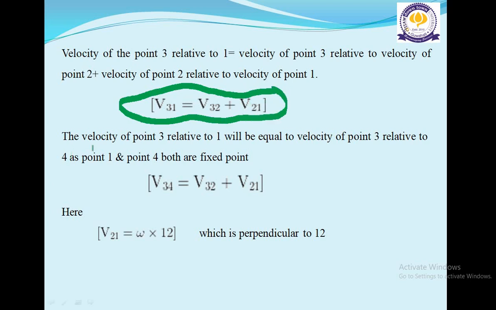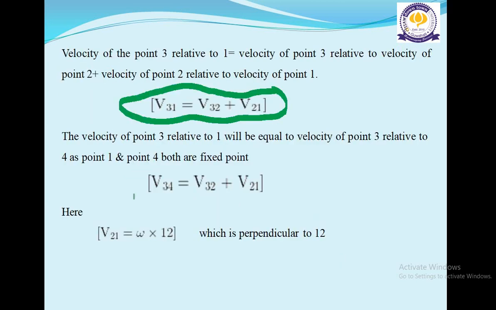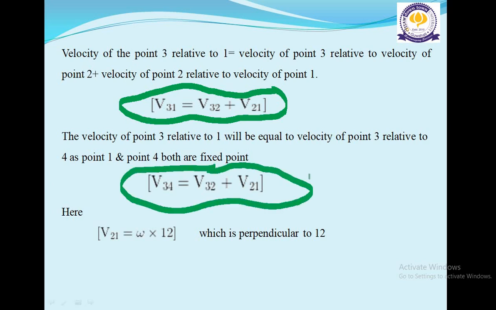The velocity of point 3 relative to 1 will be equal to velocity of point 3 relative to 4, as point 1 and point 4 both are fixed. So it will be V34 is equal to V32 plus V21.